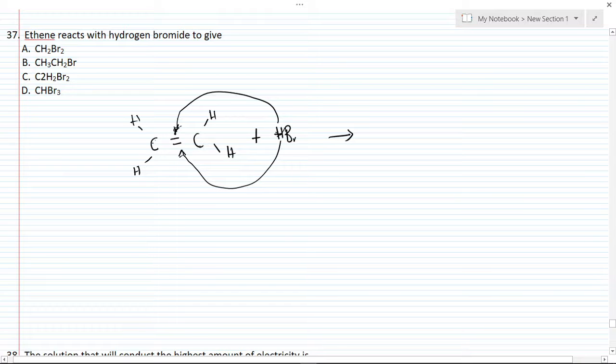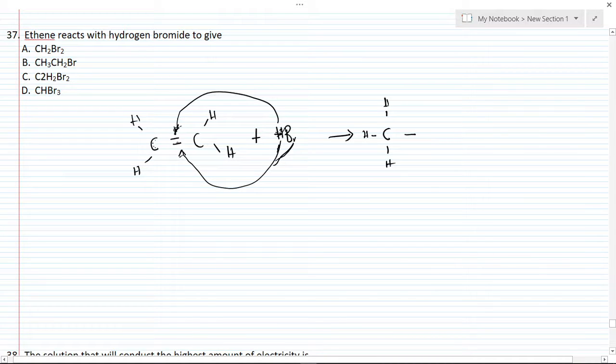So what we actually have is this carbon, the two initial hydrogens, then the new hydrogen. Sorry, this is what this is. So this hydrogen from the hydrogen bromide that attaches to this carbon is represented here. Now the double bond has been reduced to a single bond.